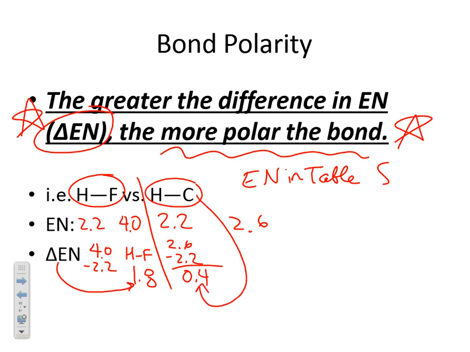So we have a much higher difference in electronegativity in HF versus HC, which means that this bond here is much more polar. It's a more different bond. There is greater difference, there is greater asymmetry. It's not nearly as symmetrical as the H to C bond because there's a greater difference in electronegativity.